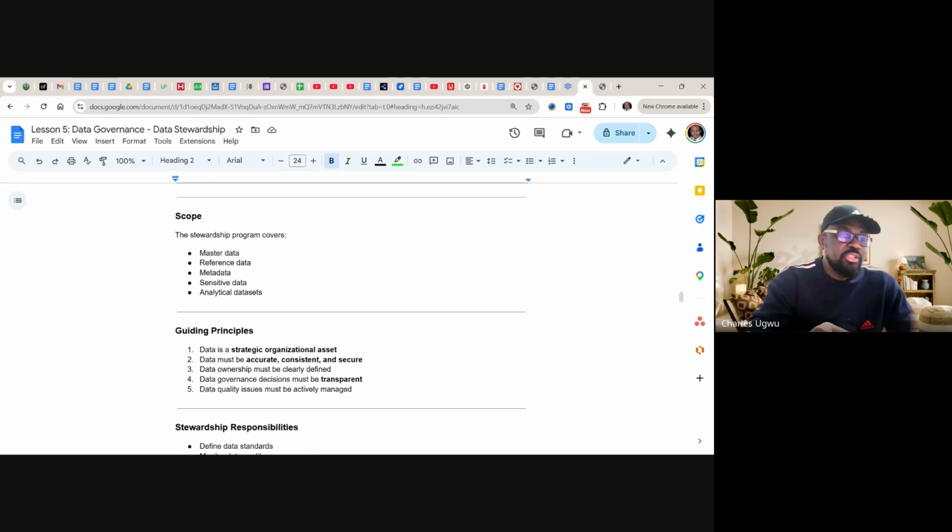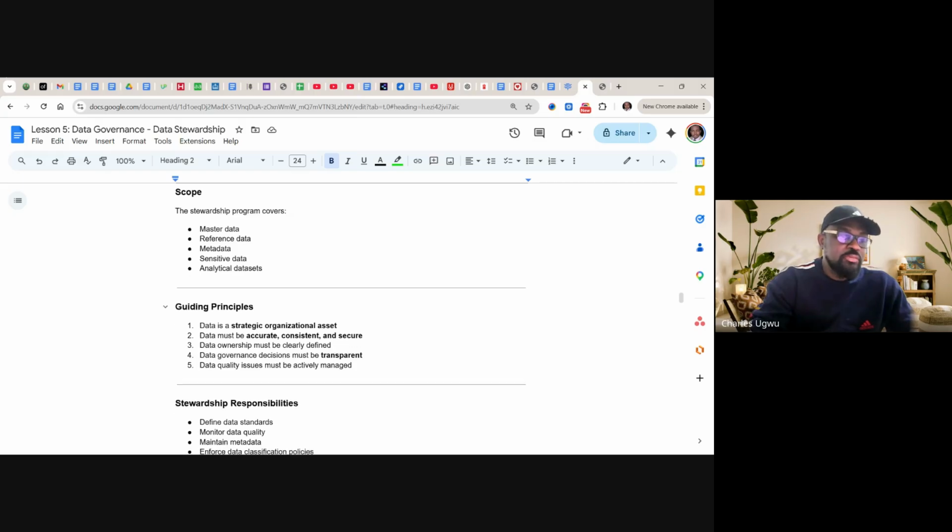And the guiding principles: data is a strategic organizational asset. Data must be accurate, consistent, and secure. Data ownership must be clearly defined. Data governance decisions must be transparent. Data quality issues must be actively managed.